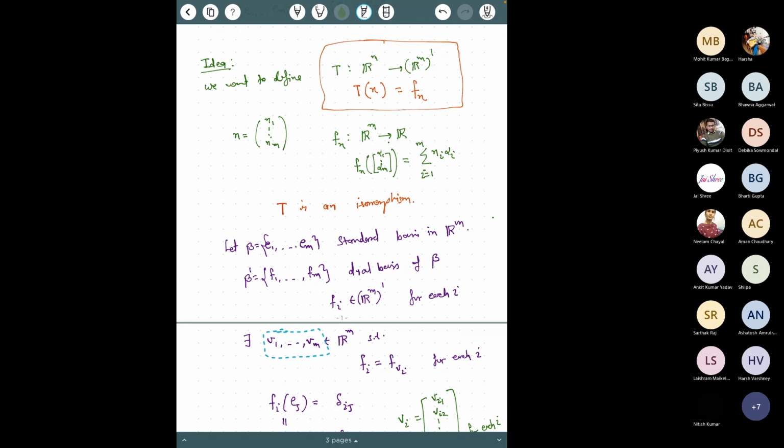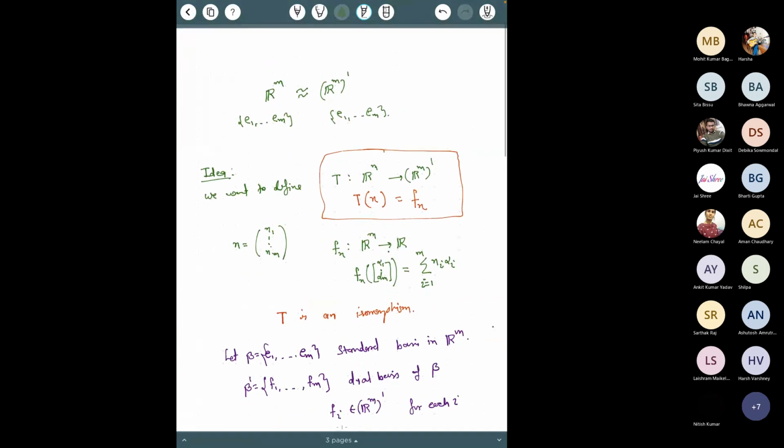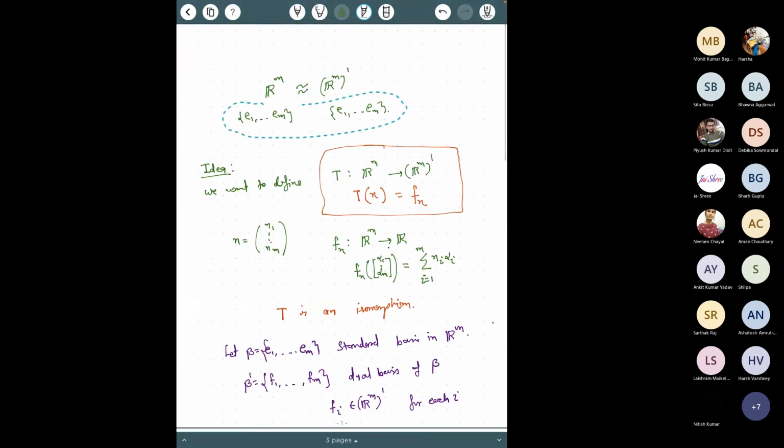So when I say that the dual basis of e1 to em is e1 to em itself, I am saying it in this sense. Therefore you can answer this question: the dual basis of E1 to En in Rn is the same basis itself. Does it make sense? Yes, sir.